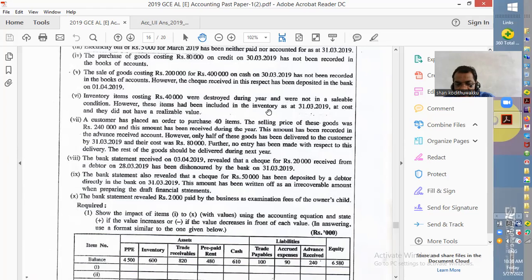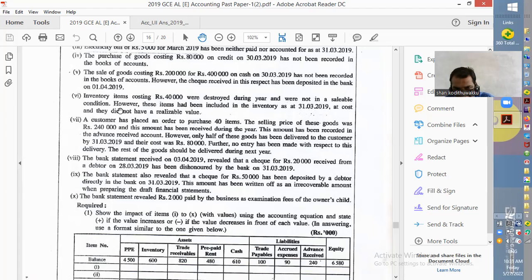That is wrong. We are given closing inventory. Therefore, it included 40,000 worth of goods costing, destroyed ones, damaged ones. We can't sell those things to the customers. Therefore, we remove them from inventory. As they have mentioned, they did not have a realizable value.